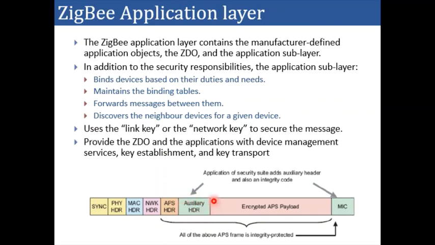And then we have the auxiliary header, which contains the information related to the encryption we are using to encrypt the data payload at the application layer. MIC is again used for the integrity check to verify whether the data has been received at the other end without any error.